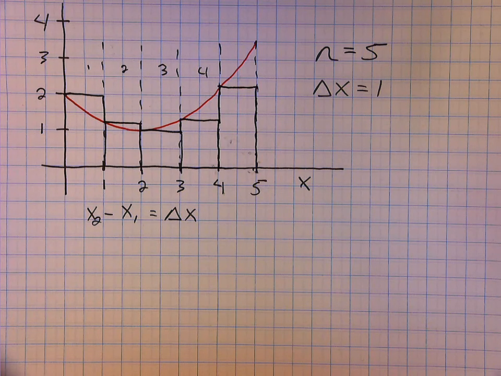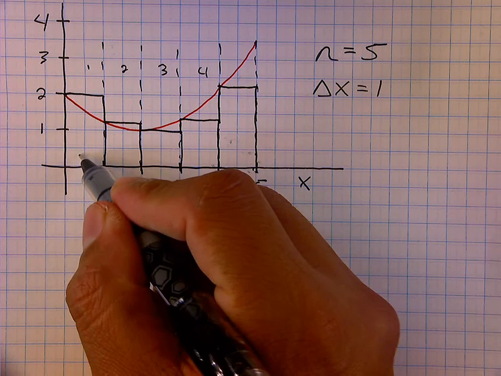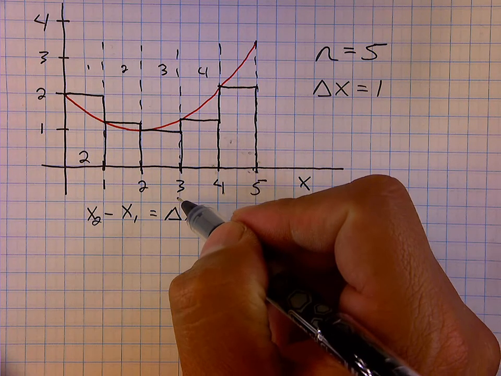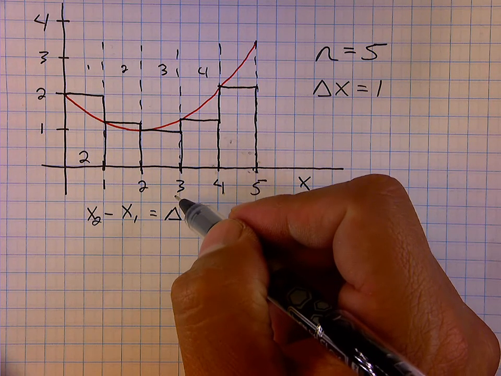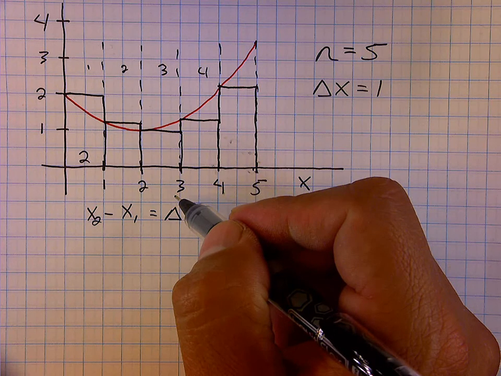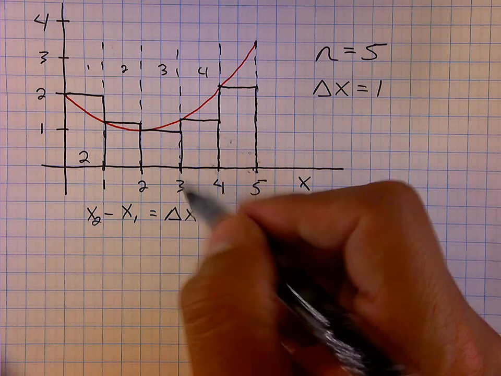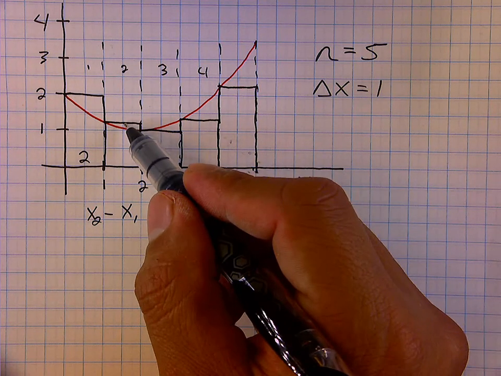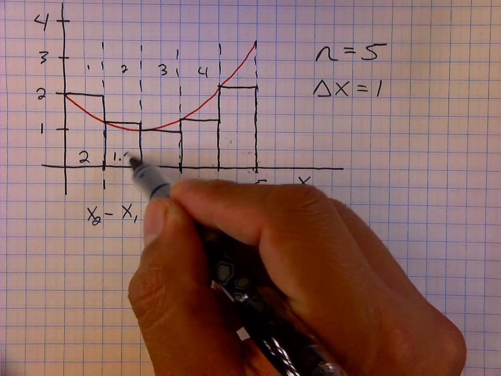Since each one of these has a width of 1, I can calculate the area of each individual rectangle by simply multiplying by the height. So the first rectangle has an area of 2. The second area is approximately, I would say, about 1.2, because this is 1.5.